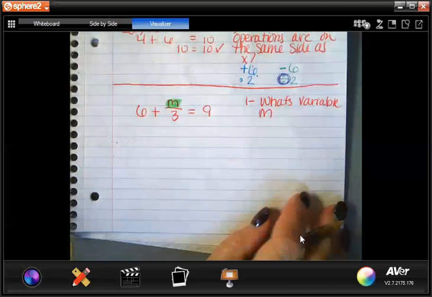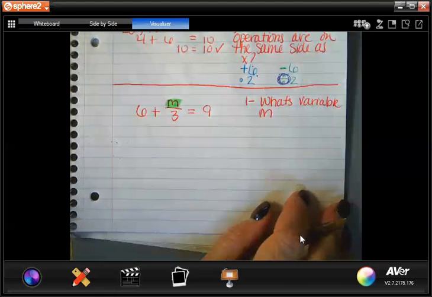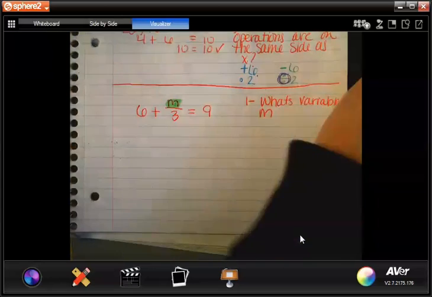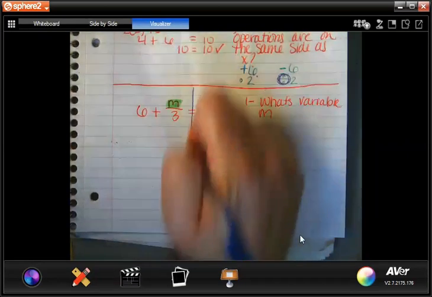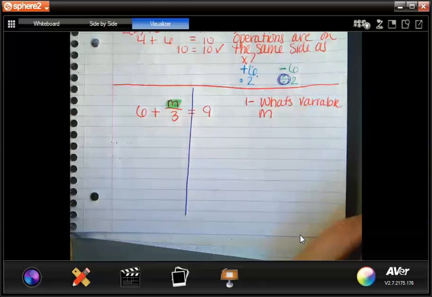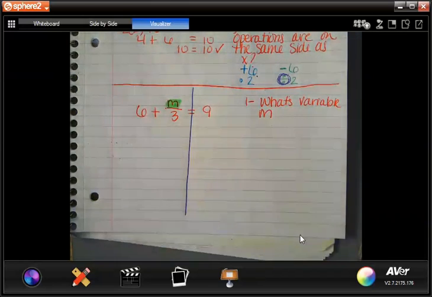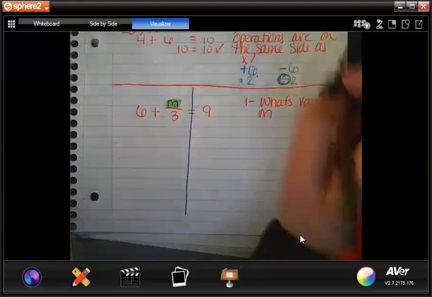That means I need to get m all by itself, because that m is super selfish. It's positive, but it's all about me, me, me. I want to know my value, right?